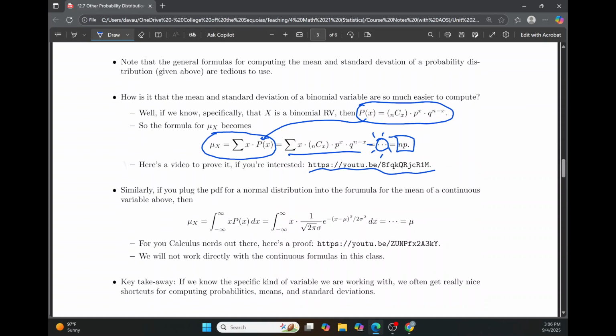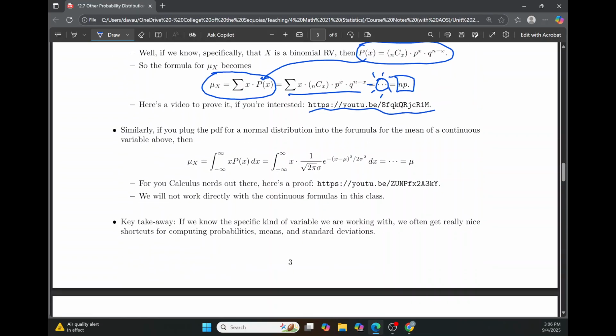Similarly, for a normal variable, if we take the formula for the mean of a continuous variable and plug in the probability density function for a normal variable, then after a lot of simplification and some calculus, we end up with just mu. For those of you who are calculus nerds out there, you could follow along with this video that proves that.